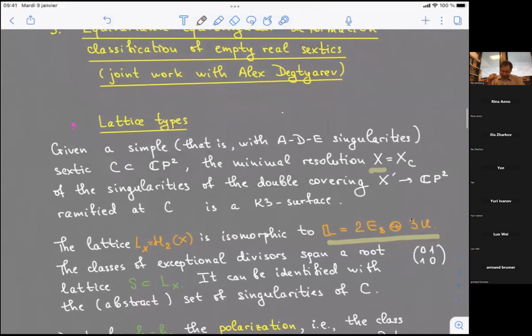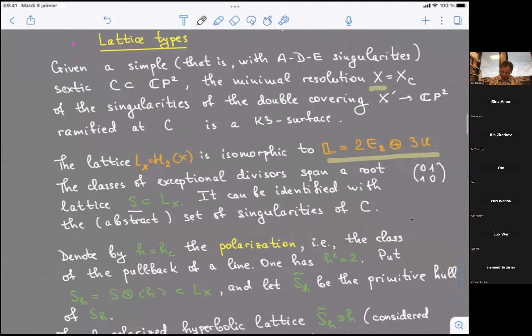Then we have some special classes in this second homology group of X. We have the classes of exceptional divisors. They span a root lattice, which I will denote by S. Since we have a unique decomposition of S into irreducible root lattices, we can identify this lattice with the set of singularities of our sextic.